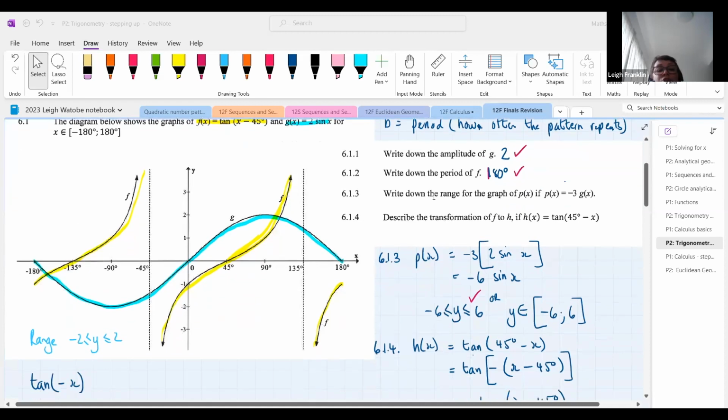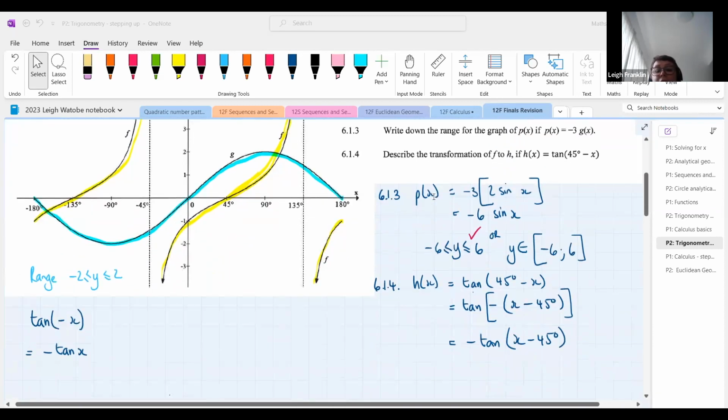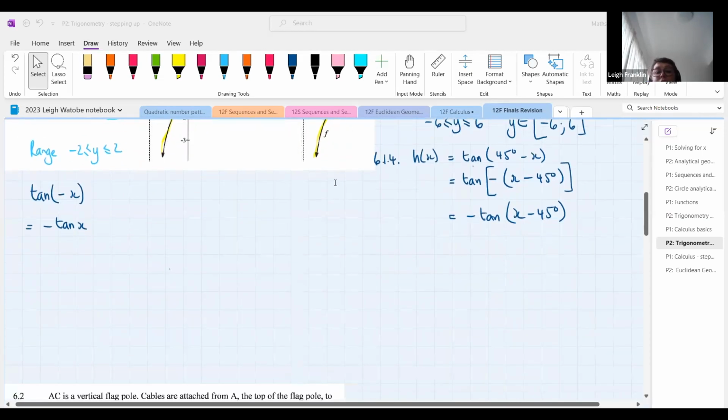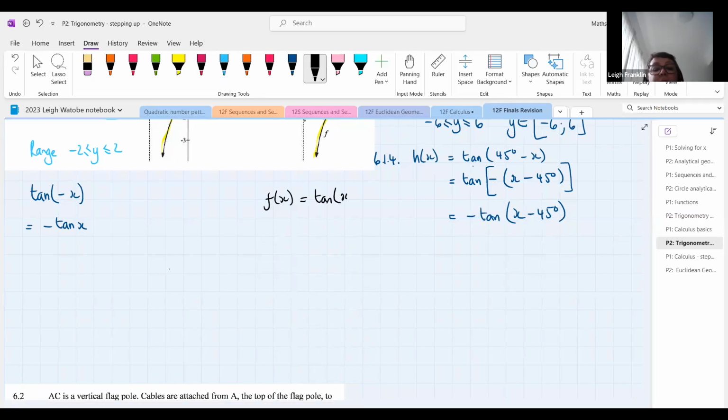So what has changed sign here? X or y? What's changed sign? Is it x that changed sign or y? Remember, you are comparing this to f of x, which is tan (x minus 45).